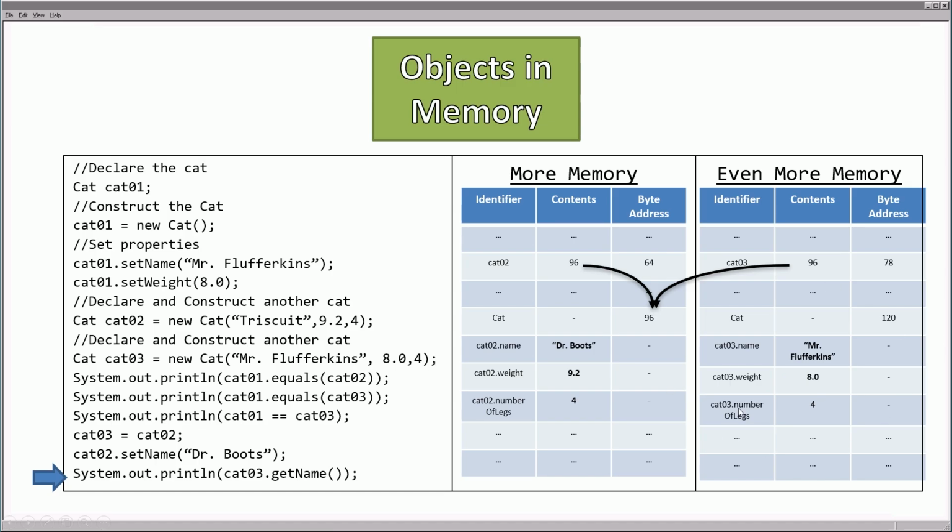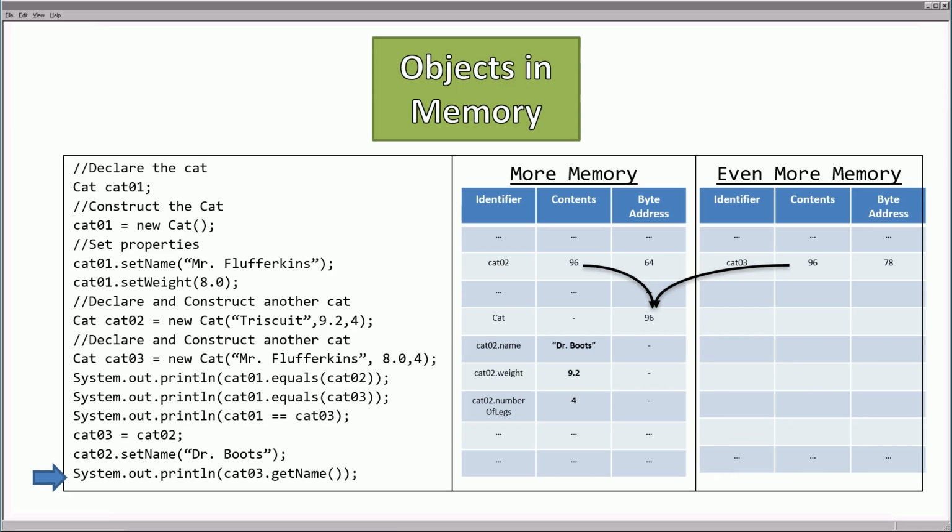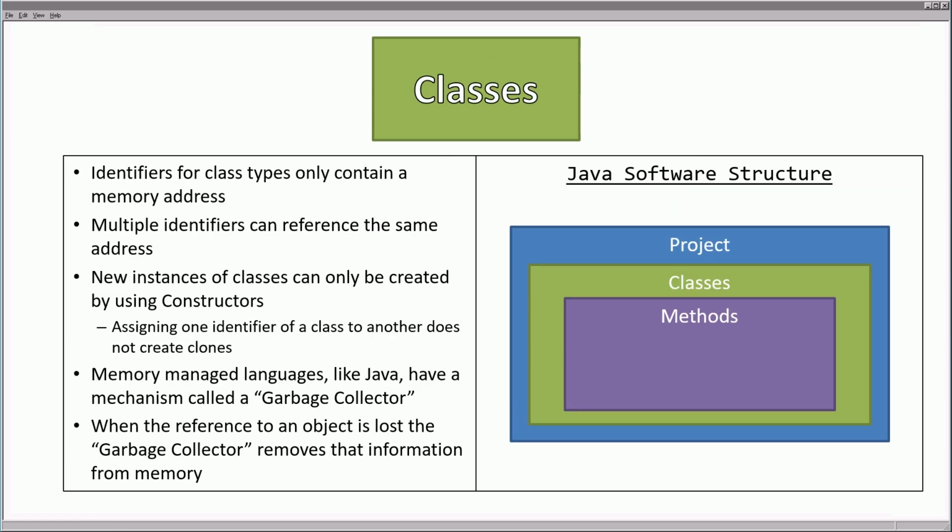But what about this cat's instance? It no longer has a reference inside of memory, so what happens? Well, it simply gets deleted. To finish this out, identifiers for class types only contain a memory address. Multiple identifiers can reference the same address, in other words, the same object.